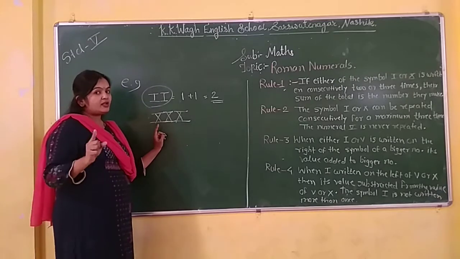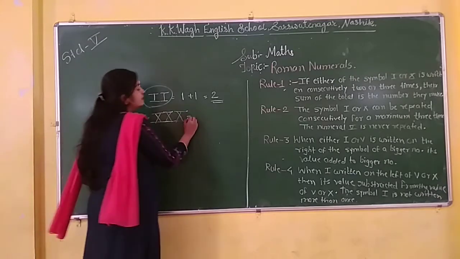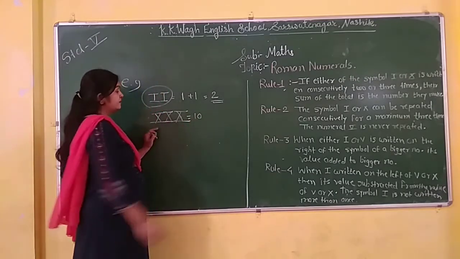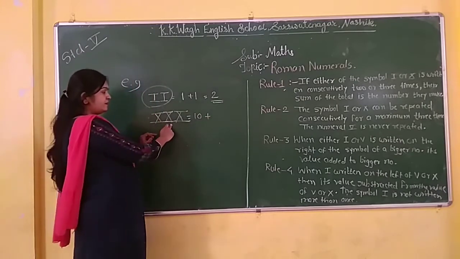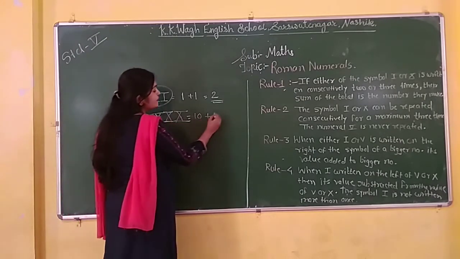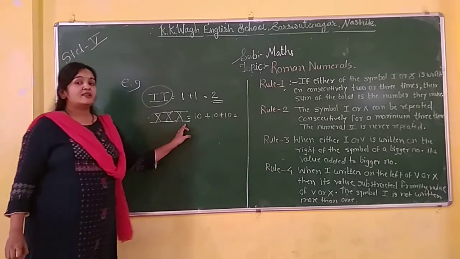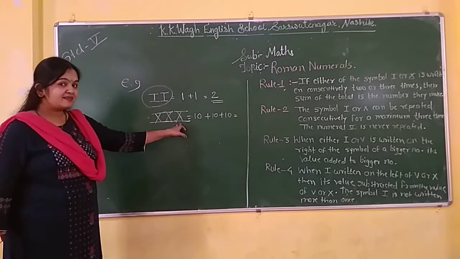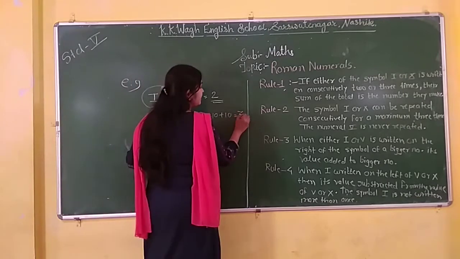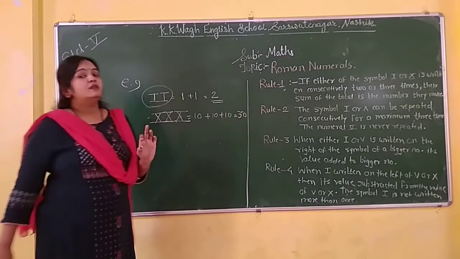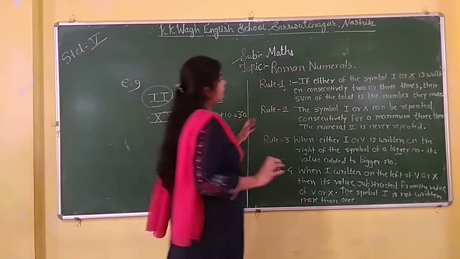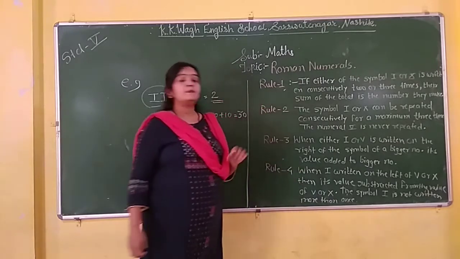What is the value of X? 10. And how many X are there? 1, 2, 3. Plus 10, plus 10, plus 10. So what is the value of triple X? The value is 30.